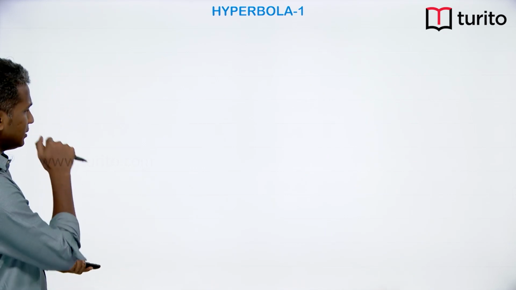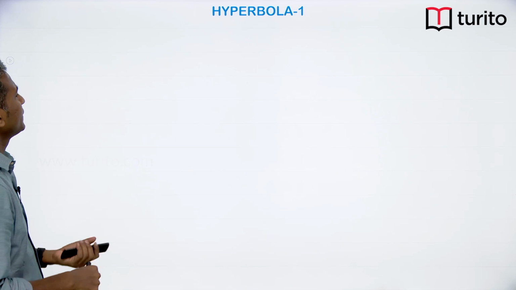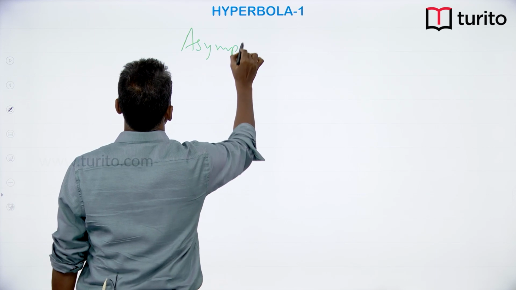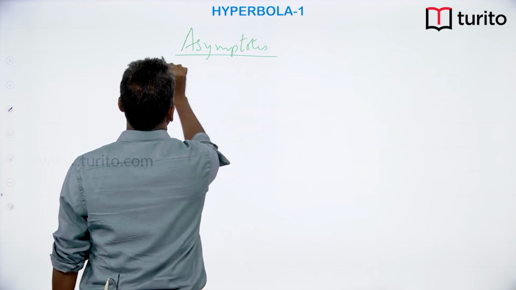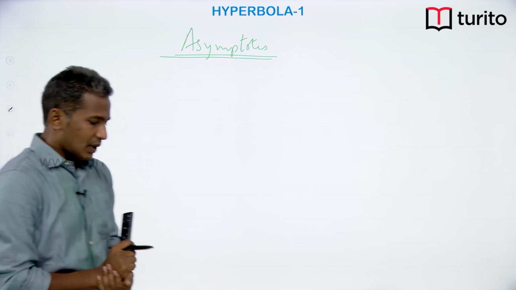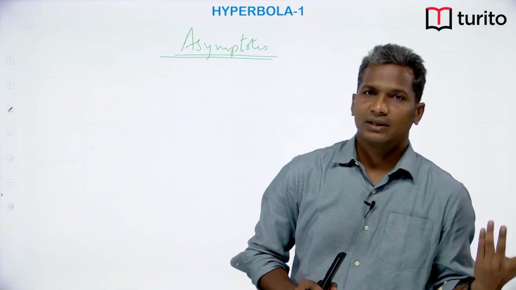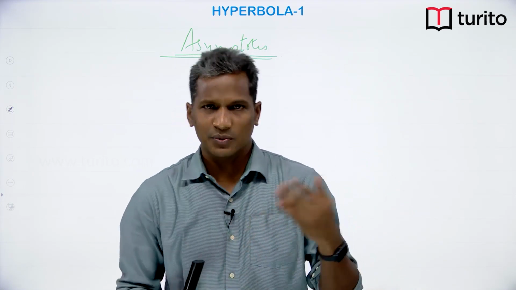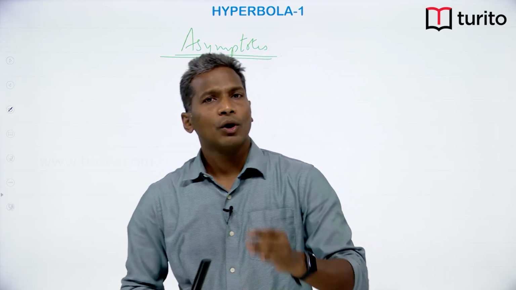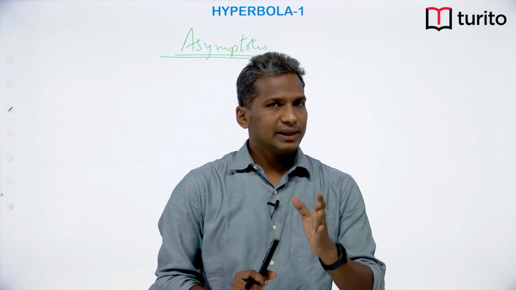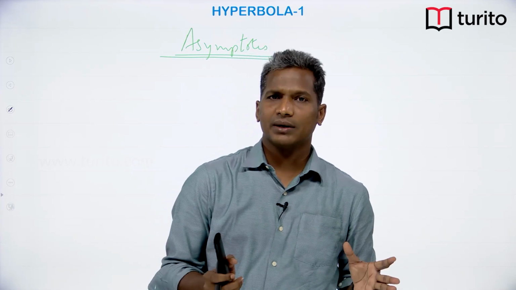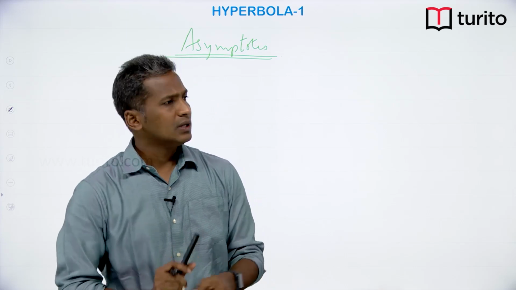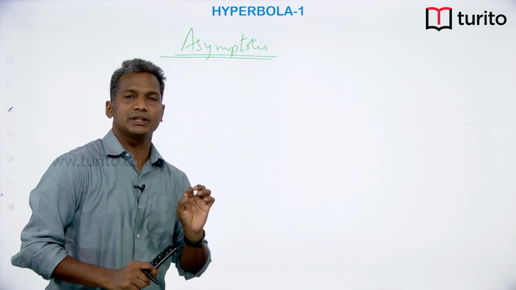Now, let us understand one more concept, which is called asymptotes. We have studied asymptotes earlier, probably in the functions chapter, especially when learning the graphs of exponential functions, logarithmic functions, or tan theta, sec theta, cosec theta, cot theta, tan inverse, cot inverse. Now, let us take a quick review of asymptotes.